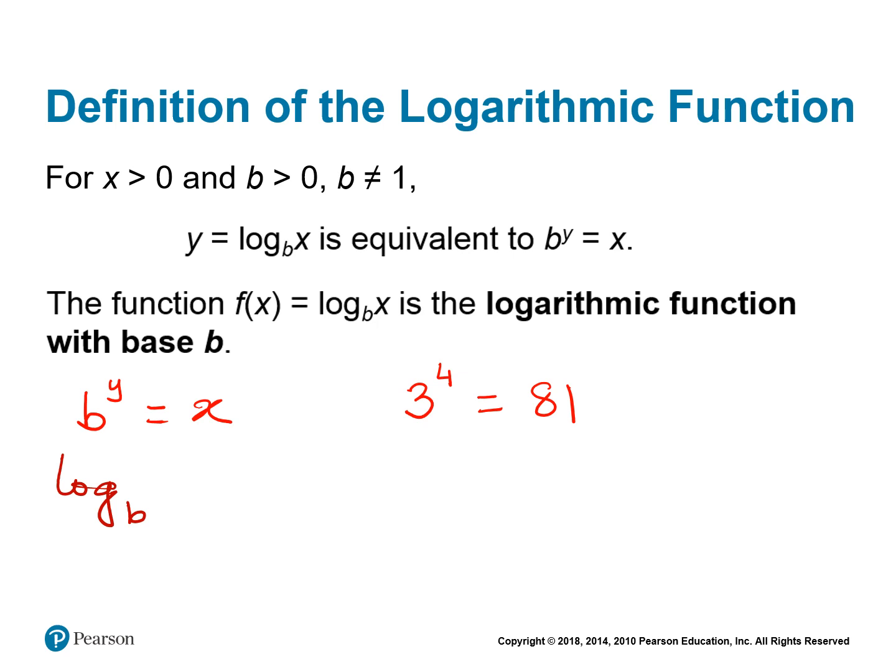So log base b, and next to log base b, I'm going to write x, and then an equal sign, and on the other side of the equal sign I'm going to write the exponent variable, which is y.